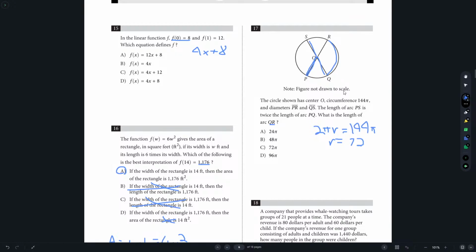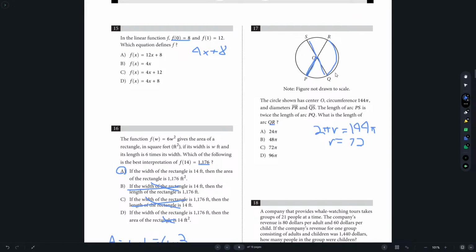So if we divide the circle along SQ, it'll divide the circle in half. If the circumference is 144 pi, then it's 72 pi for each half. So the SQ arc, or semicircle, is 72 pi. PS is twice the length of PQ.